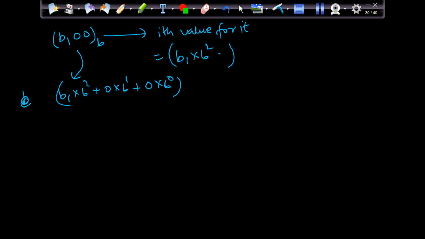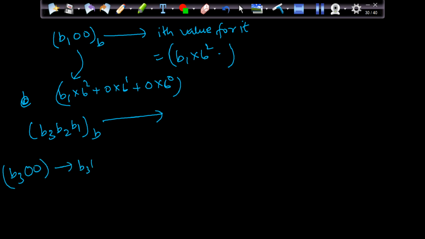We will see that. For now that you have the value for b1 0 0, take any b3 b2 b1 in base b. What is the value for it? You will find it using the same process. Up to b3 0 0, the value is b3 into b square.